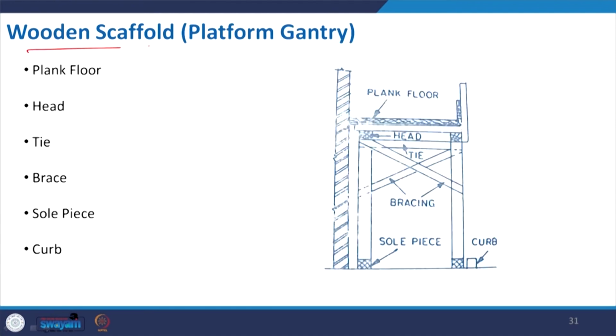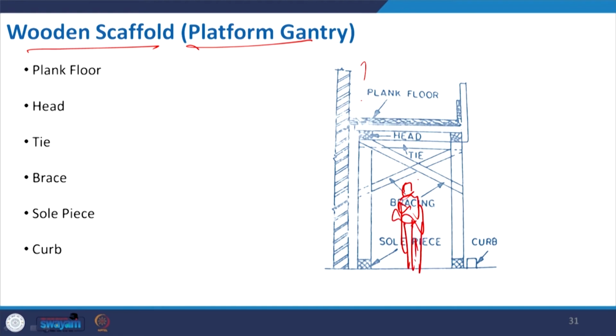Now, the wooden scaffold is also called a platform gantry. It is again similar to the needle one, where you have to repair something at the upper portion, and you cannot disturb the part below. Somebody can easily go through this particular space.